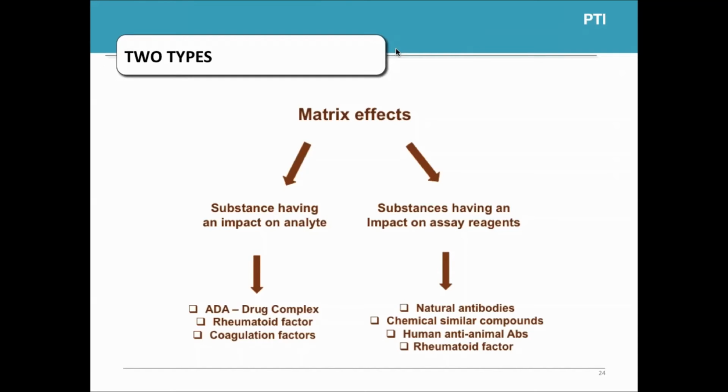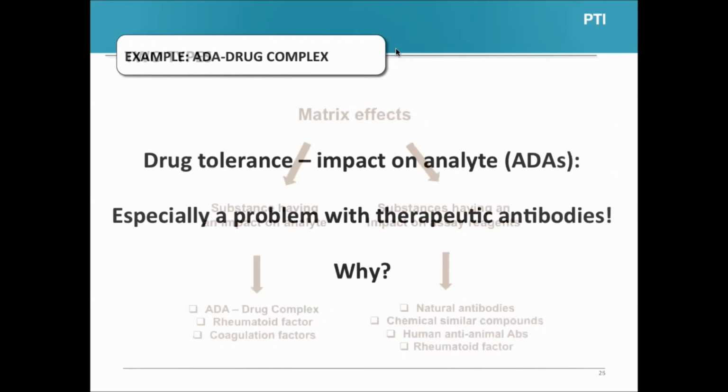But that is generalizing, from my perspective and my experience, and it can be the other way around as well. Generally there is a tendency towards false negatives when you have an impact on the analyte, and false positives when you have an impact on the assay reagents.